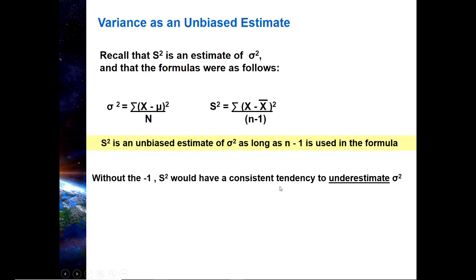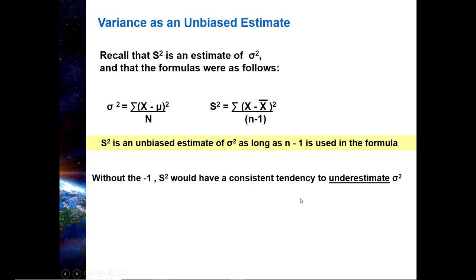Go back to the definition of what it means to be biased. An estimate is biased if it has a consistent tendency to either underestimate or overestimate the parameter. Here we're seeing that s squared would have a consistent tendency to underestimate the variance in the population. That would make it biased.